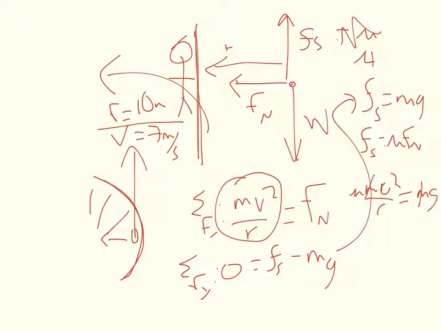And so we can get that mu will be equal to g times r divided by v squared. So v is 7, so v squared is 49. So mu is equal to 10 times 10, which is 100, over 49, which means that mu is about 2, which is pretty large for coefficient of friction. So this is probably an unrealistic question.